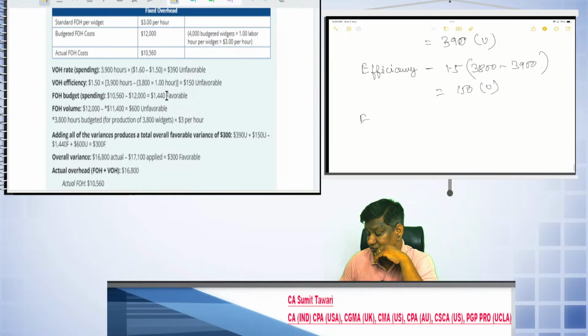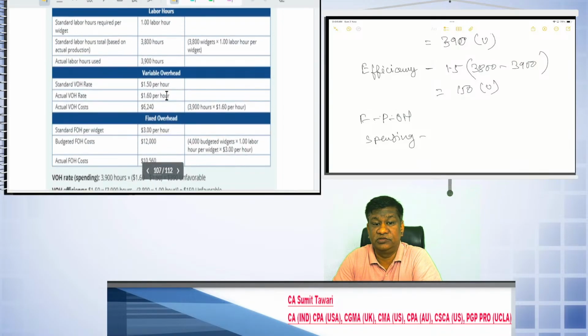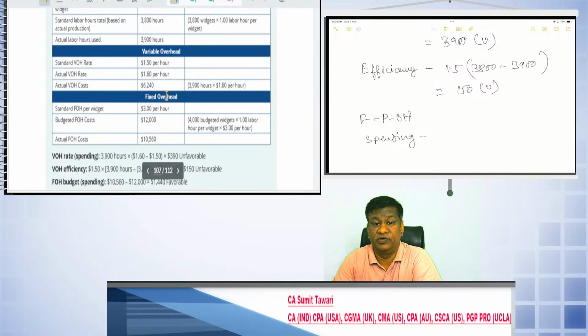Then fixed production overhead. First is spending. As I said, total budgeted minus total actual. So what is my budgeted cost? Fixed overhead. It is basically the 10,000 for actual fixed overhead cost and budgeted fixed overhead cost.